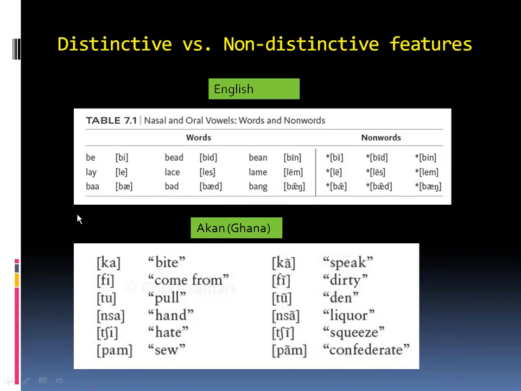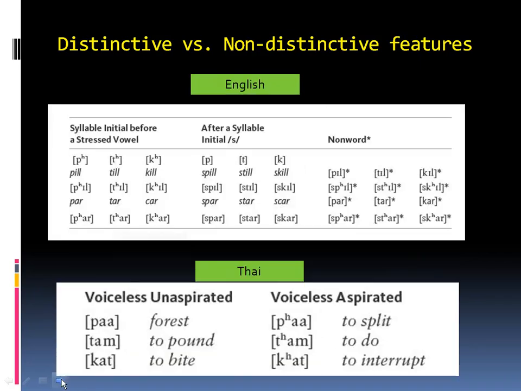Another example. In English, how about in the syllable initial position? I have told you that p becomes extra aspirated. You hold up a little tissue paper and it will blow when you say pill, pill. And that's that little diacritic that expresses that extra aspiration, a puff of air.